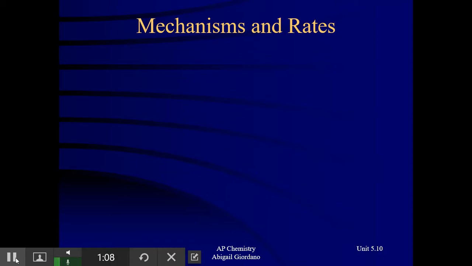I want you to also think about a concept that relates activation energy and rate together. The higher a reaction's activation energy is, the slower the reaction is going to proceed, because there's just going to be fewer reactant-reactant collisions with that required amount of energy.